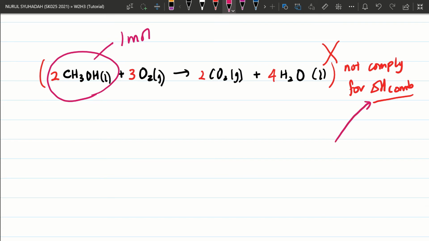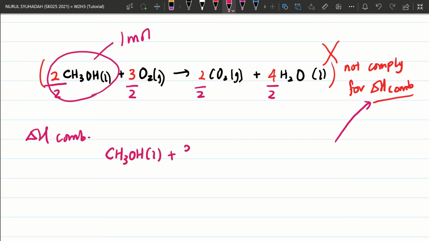That's why we divide everything by 2. So the correct equation for delta H combustion is CH3OH plus 3/2 oxygen gas to produce 1 CO2 gas plus 2 H2O liquid.